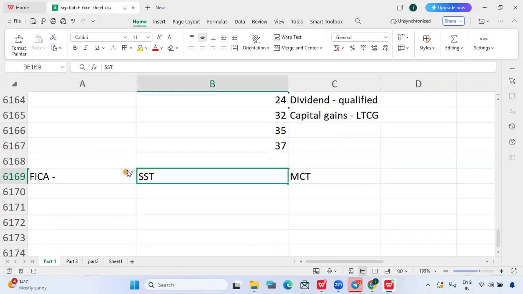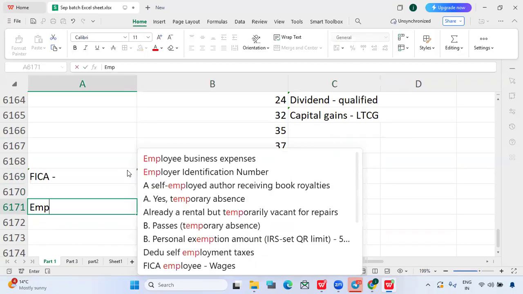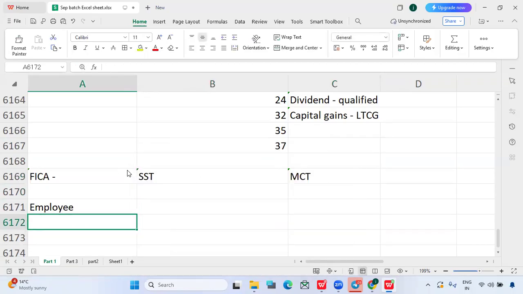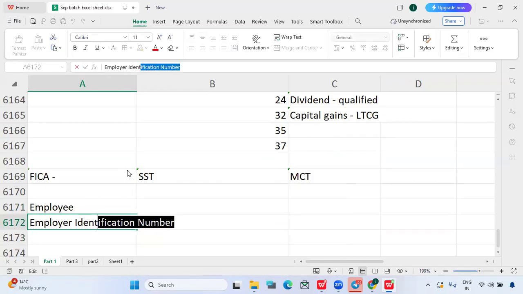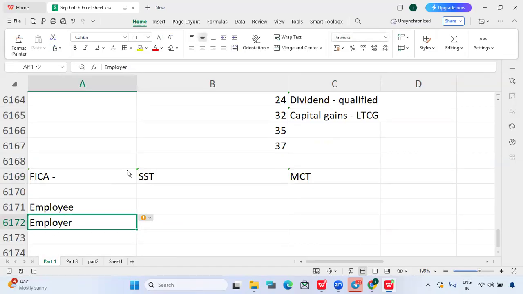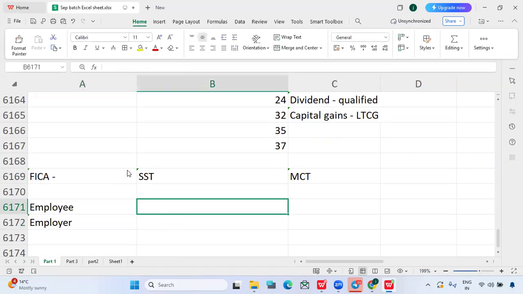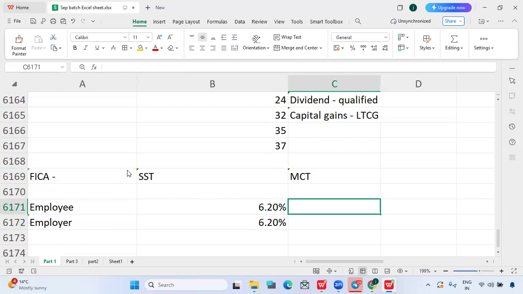Now, the employee needs to pay 6.2 percent and the employer also needs to pay 6.2 percent for social security, and Medicare is 1.45 percent with the employer contribution also 1.45.